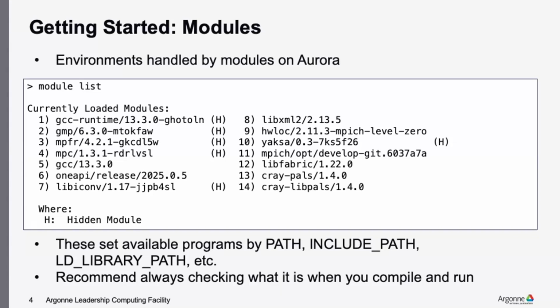So the modules you have loaded can affect what libraries you're linking to. Generally, we recommend always checking with module list when you run and also when you compile, just to make sure you have the same environment loaded at both times. Module list right now looks like what you would see above. You can just have that in your run script and compile script and then compare.